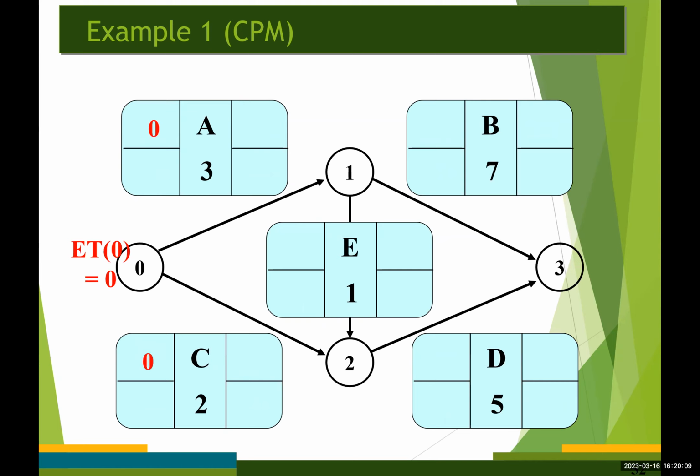Okay, so first, starting at time t equals 0, the earliest time for the start node becomes 0, right? So we have 0 down here. And the earliest start time for both activities A and C becomes 0 because of that, right? So this value is transferred here and here automatically.